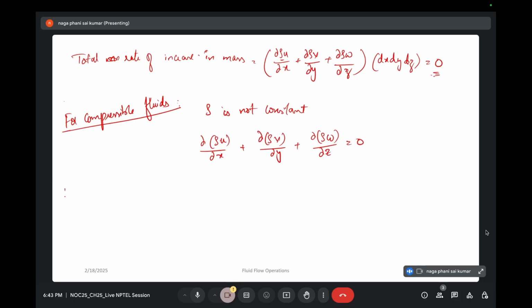And for incompressible fluids, rho is constant, right?